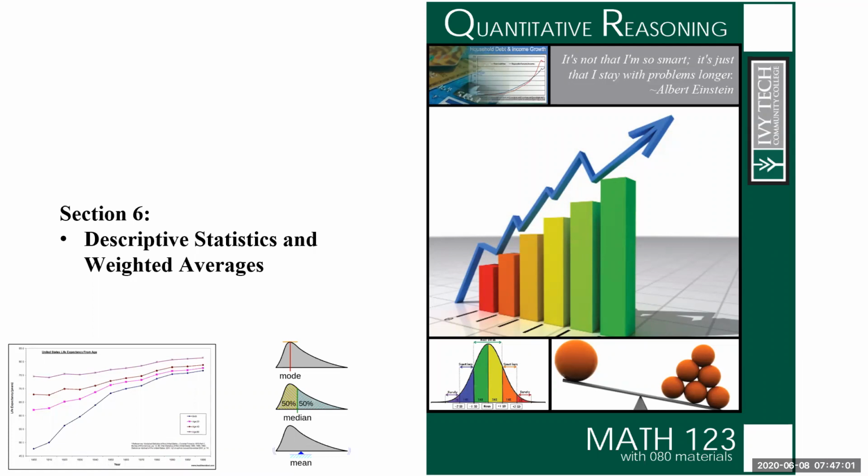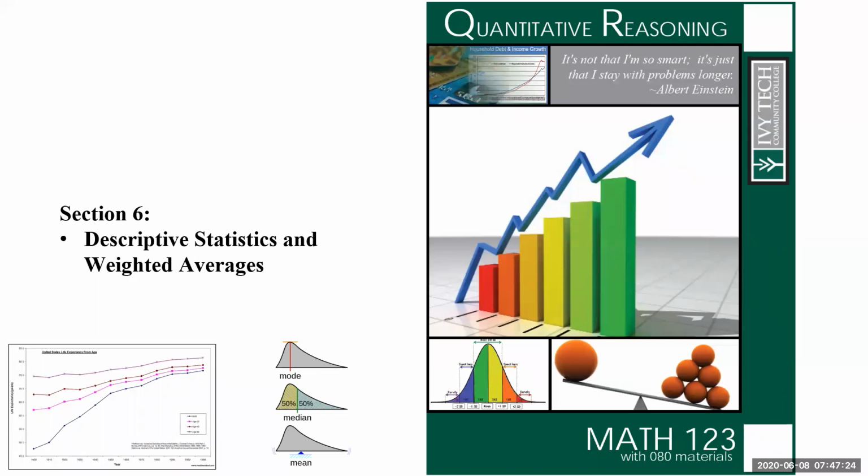Today we shall be looking at section number 6 of our quantitative reasoning class, which is on page 55. This section is in two parts. First we look at descriptive statistics, and then we will be looking at weighted averages.